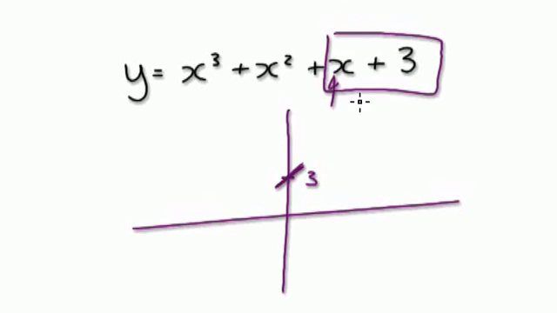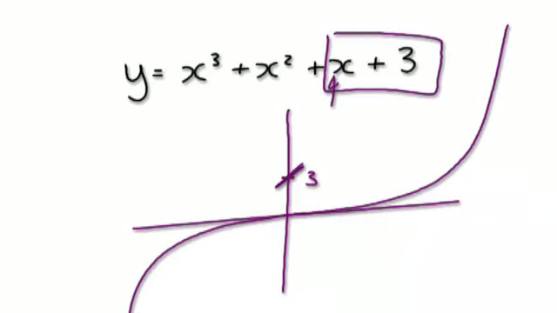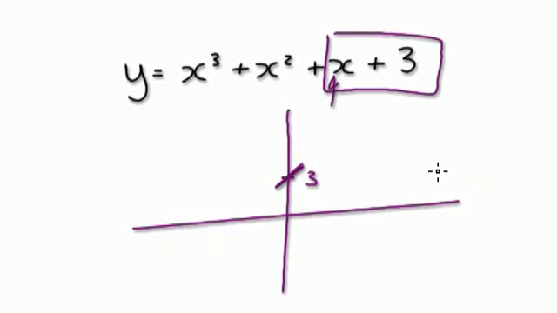So this is 3. Now when x is big, it wants to do this. Okay, but actually realistically it wants to do this. It's steeper, but so here, when x is big, it wants to do this.